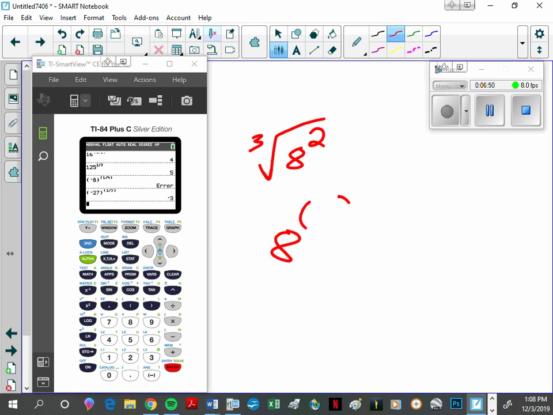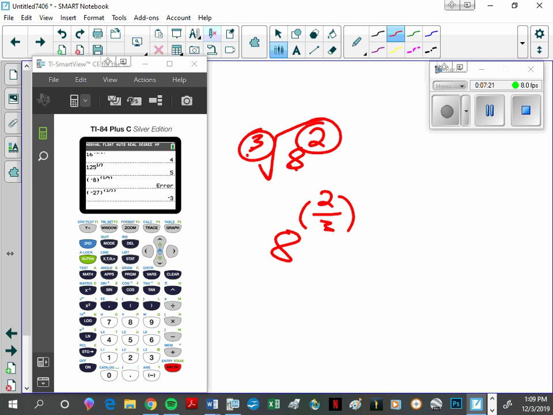8 raised to what power? Well, this goes on the bottom, it's a 3. And this goes on the top, which is a 2. But what is that really asking? Well, it's asking, can you take the third root of 8? Can 8 be split into 3 equal multiplication numbers? 2.